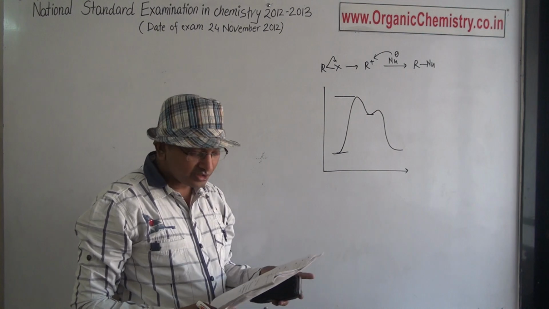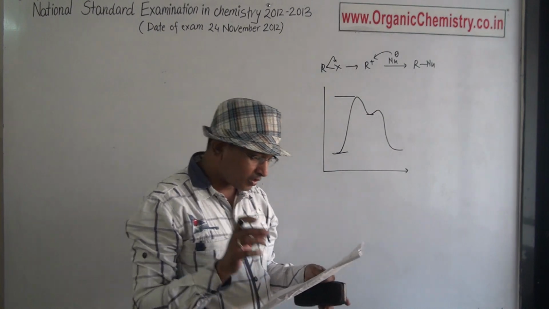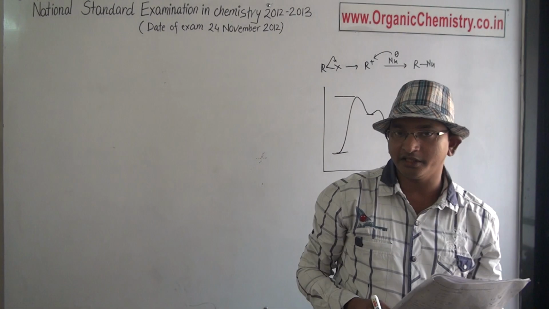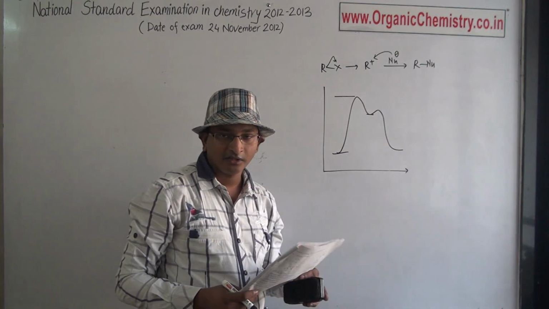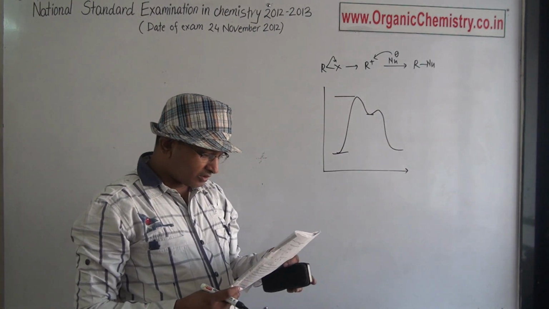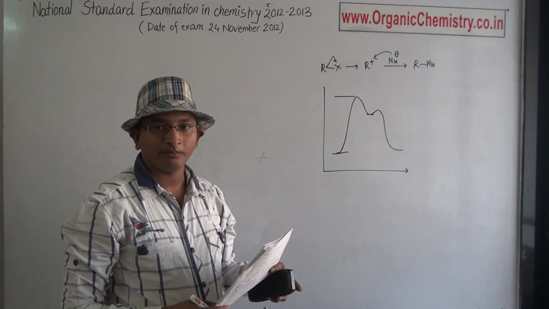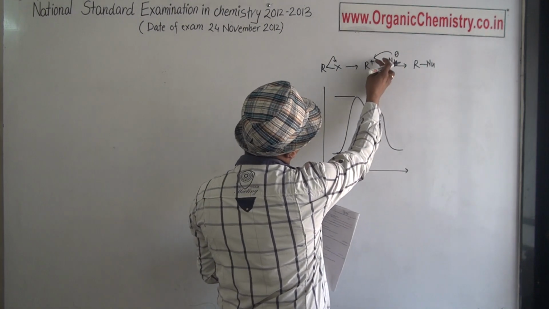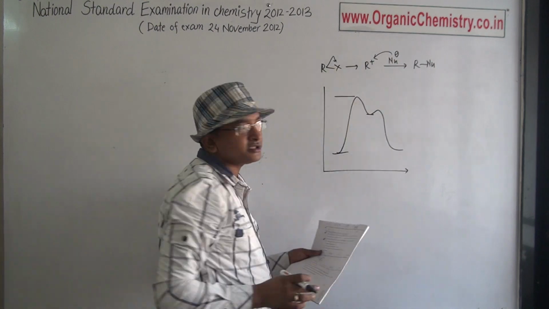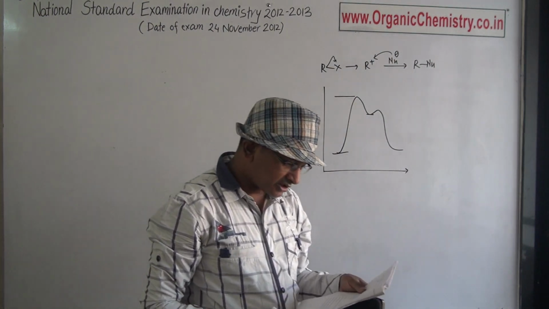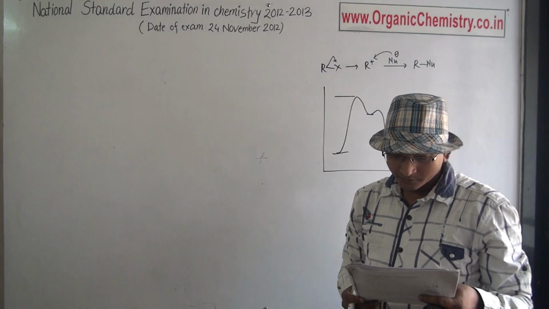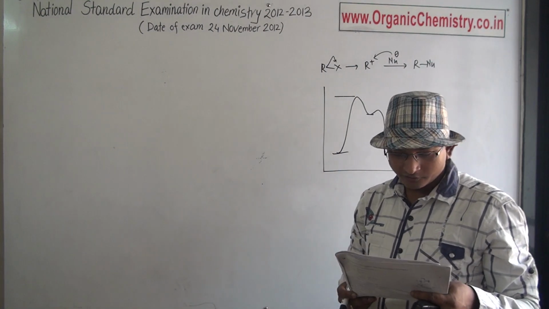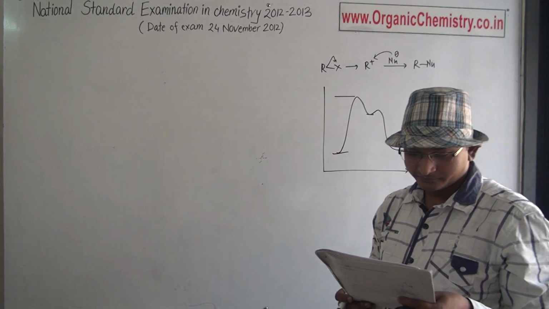The energy content is not provided by any reaction mechanism. And last is which bonds are formed and which bonds are broken. In this particular reaction, you can easily observe which bond is formed and which bond is broken. So a reaction mechanism does not provide the energy content of reacting species.